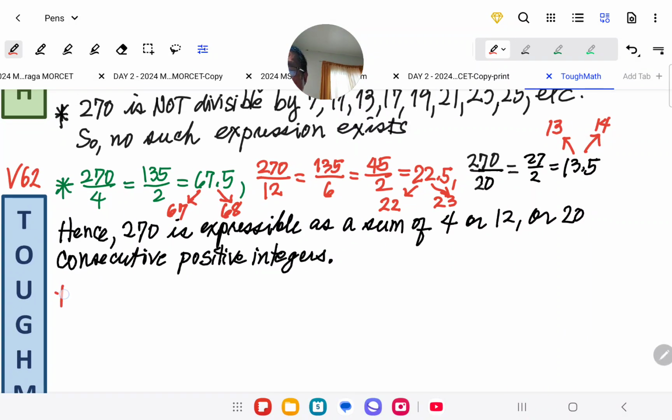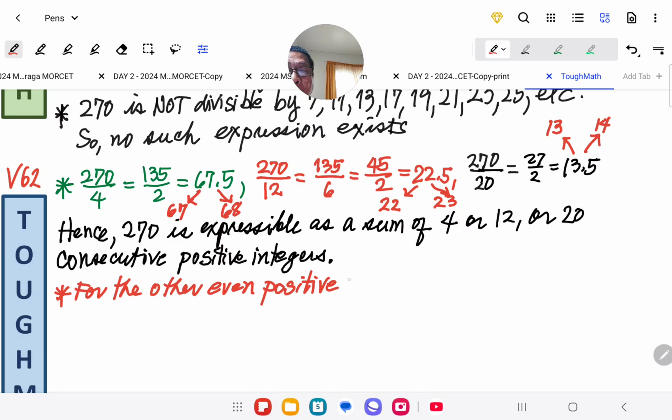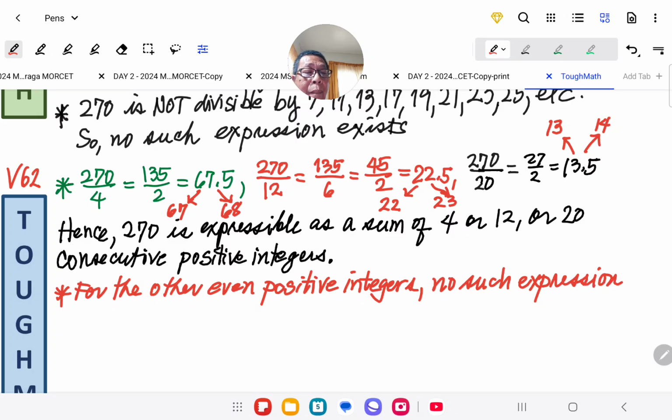Now, for the other even positive integers, no such expression is possible.